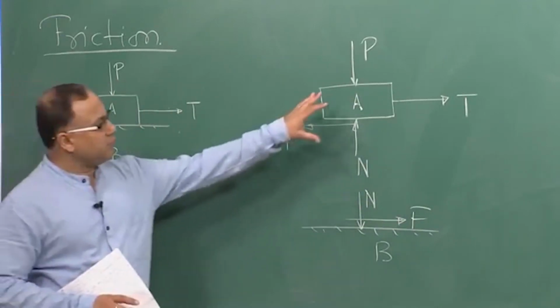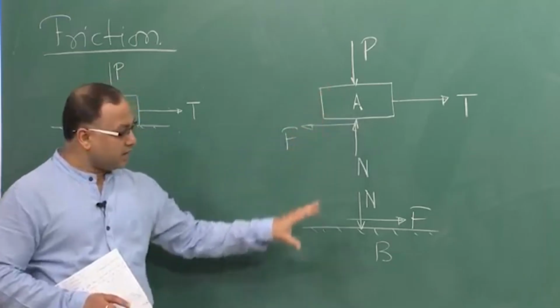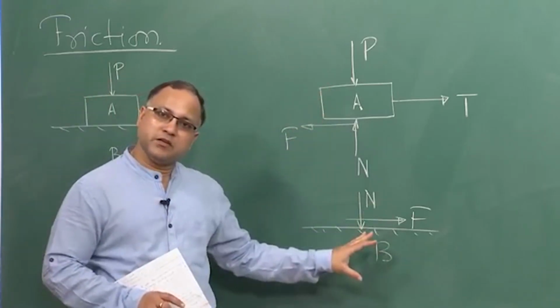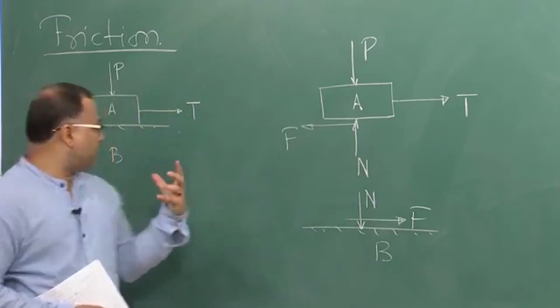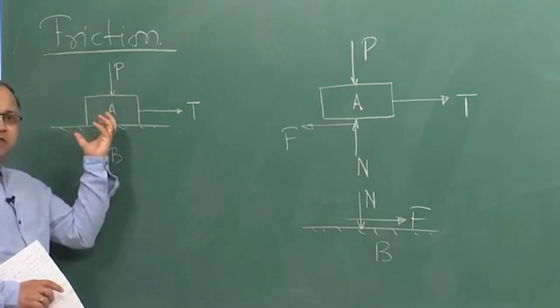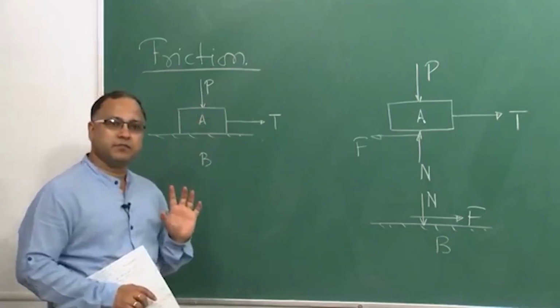This is the free body diagram of block A, and this is the free body diagram of surface B. That means we are separating out each individual component from the whole system.